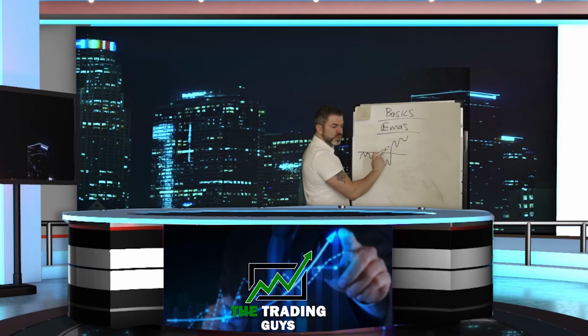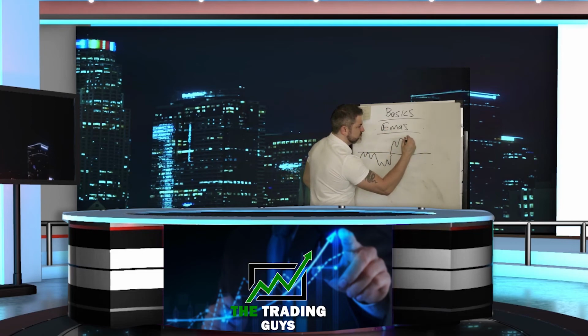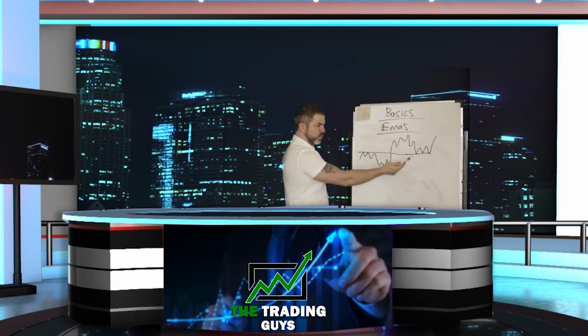And this area, which was once an area of resistance, now becomes an area of support, and it holds it above the water, if you like. So if the market now tries to come down, and it gets bounced back, bounced back, bounced back, this is now an area of support. So that's how support and resistance works, alright? I hope that's been of use to you.